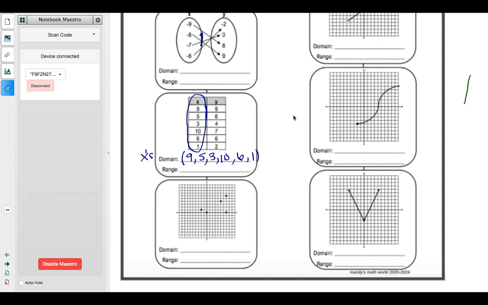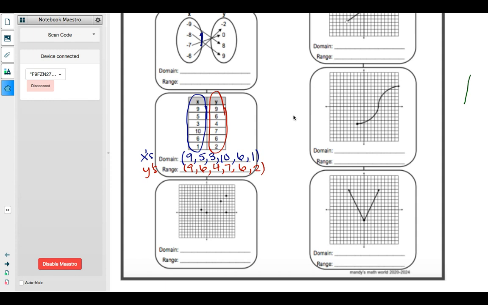So pretty straightforward. Range, I'm going to look at my y values. I've got 9, 6, 4, 7, 6, and 2. And that represents my range.